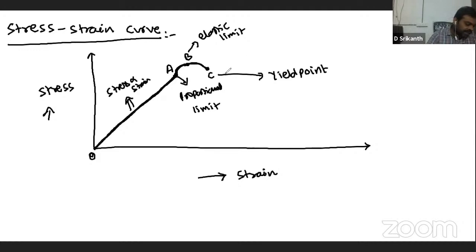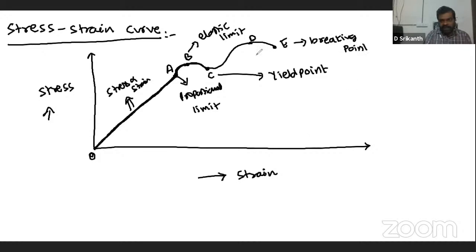Then if we still increase the force, it will pass through a breaking point. At some point the object will break. D is the intermediate point between the yield point, change of shape, and the breaking point. Generally in objects, D will be much faster.